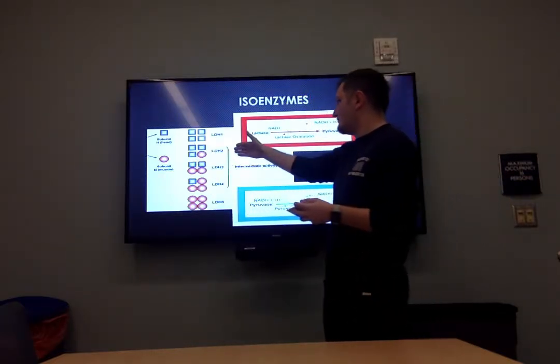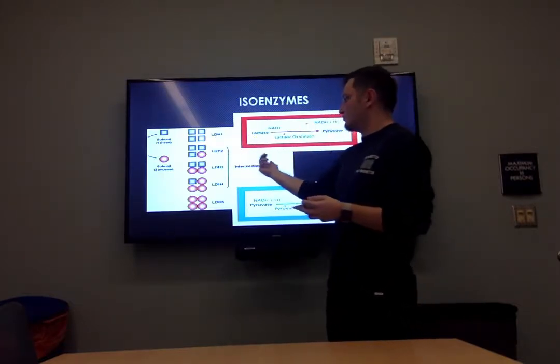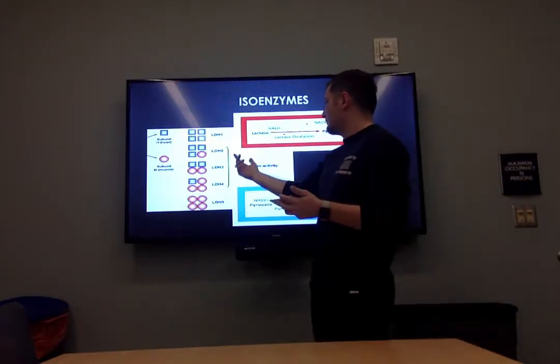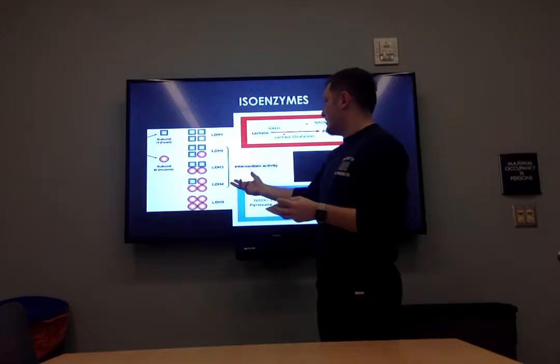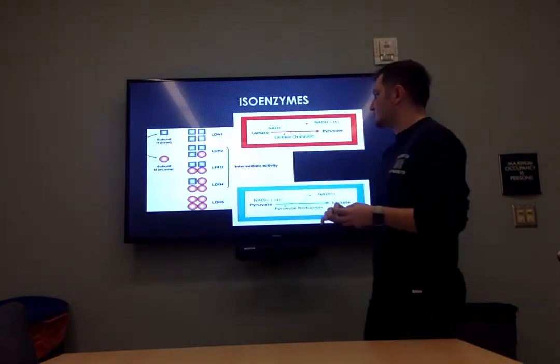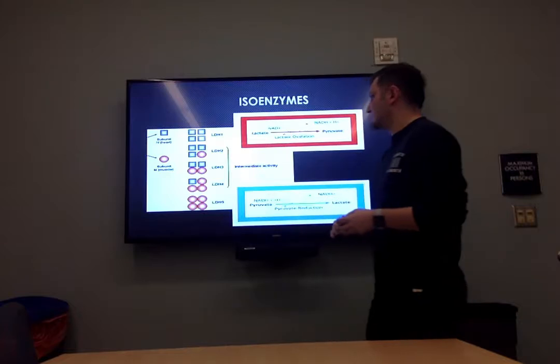And then here you have the intermediate activity determined by LDH2, 3, and 4, which are found in different areas of the body. LDH2 is mainly found in the serum, LDH4 is found in the liver, and LDH3 is mainly found in the kidney.